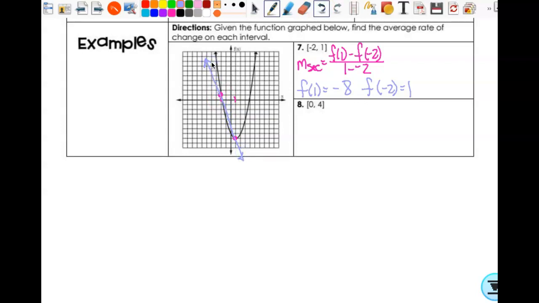So something I know for sure about the slope of the line since I have a picture is the slope positive or negative? Negative, so that's something that I want to make sure I pay attention to. And so then it's negative 8 minus 1 over 3. So that's negative 9 over 3. Slope of the secant line is equal to negative 3.